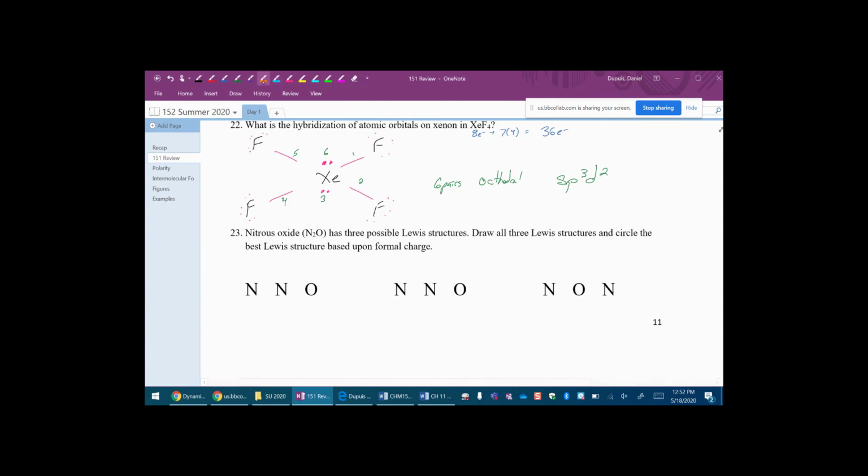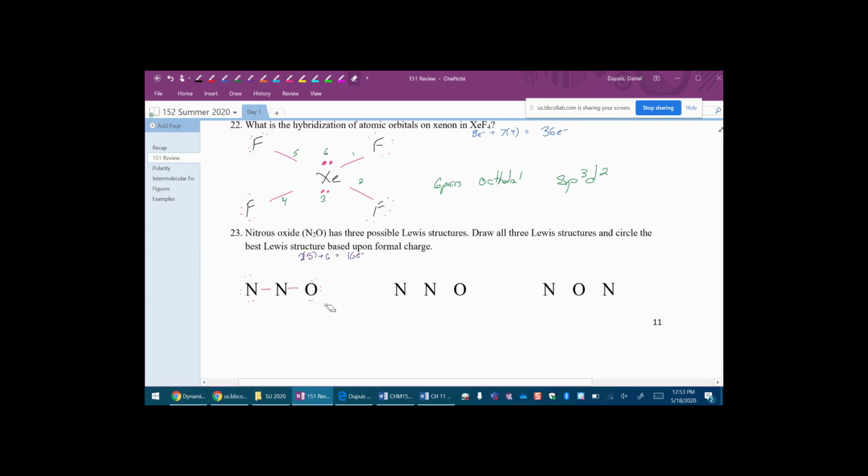All right, electrons. Nitrogen is 5, and there's 2 of them. Oxygen is 6, so that's 16 electrons. All right, so 2, 4, 6, 8, 10, 12, 14, 16.